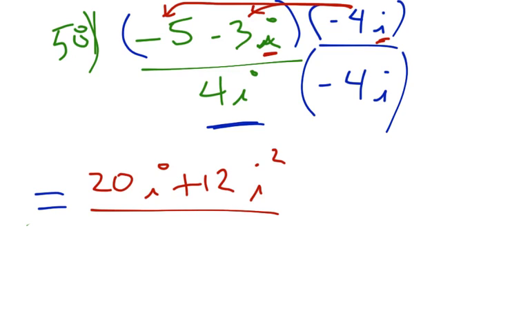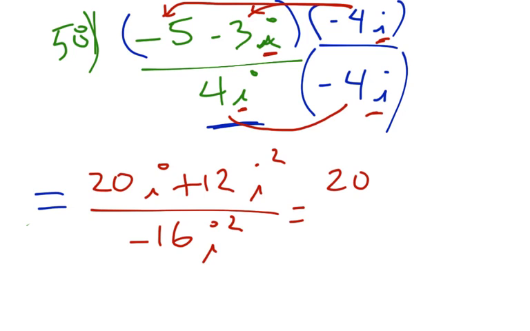Okay? And that will be the top. The bottom, you'll have 4i times negative 4i. 4 times negative 4 is negative 16. i times i is i squared, and it's only one term. Done. We're doing great. Now it's time to change those i squares.